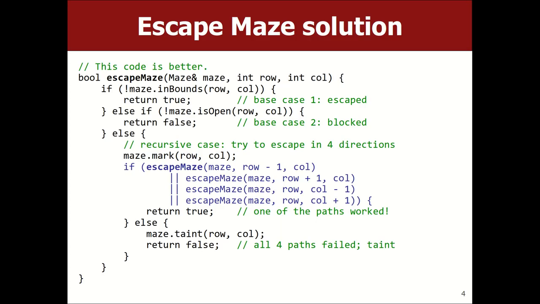What will this code do if that place to the right of me is bad? Is this buggy code because I'm making recursive calls that might go to bad places? What do you think?